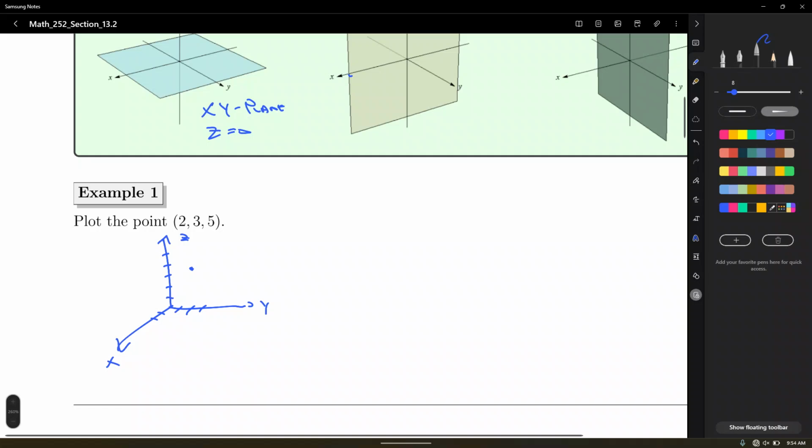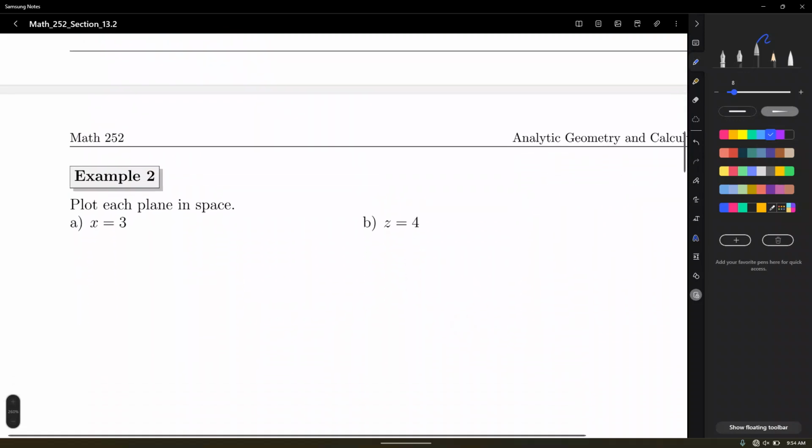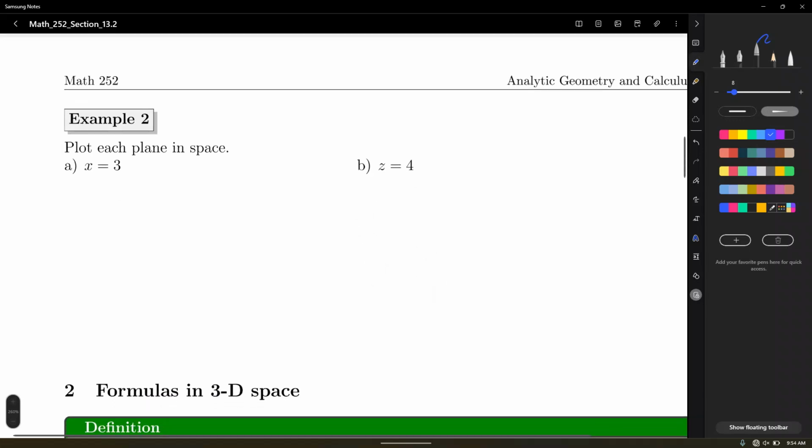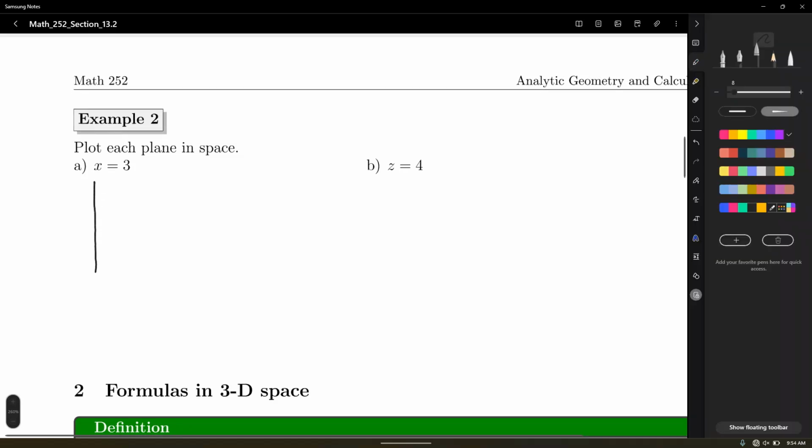Okay, plotting planes in space. To plot planes in space, x equals 3 and z equals 4, in the same way that you would draw vertical or horizontal lines in the xy plane, we can plot these kinds of planes, depending on the perspective. Here, I'm going to do x equals 3.